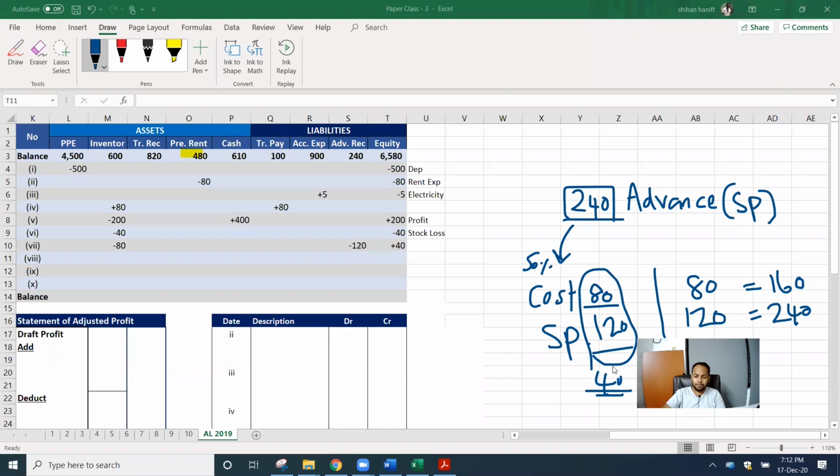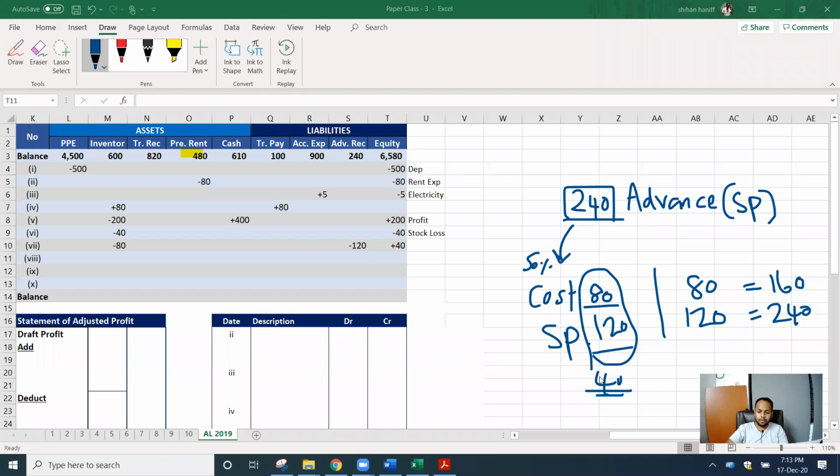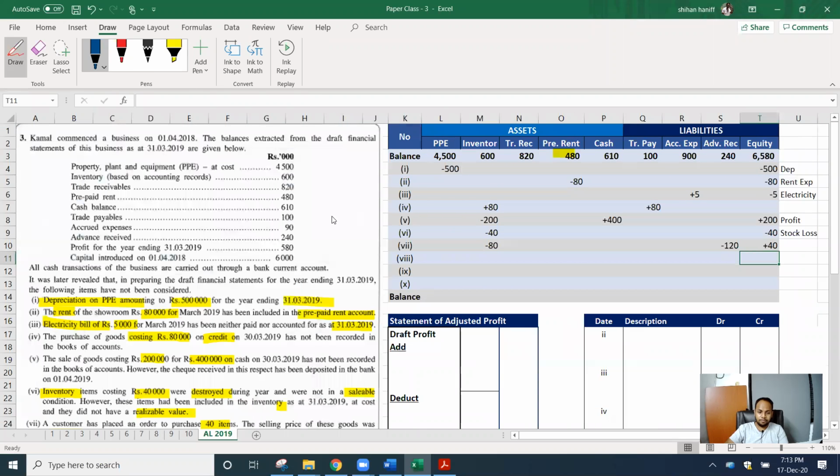Is it clear now? 50% is recognized, another 50% is advance. Right. So let's move to the next one.